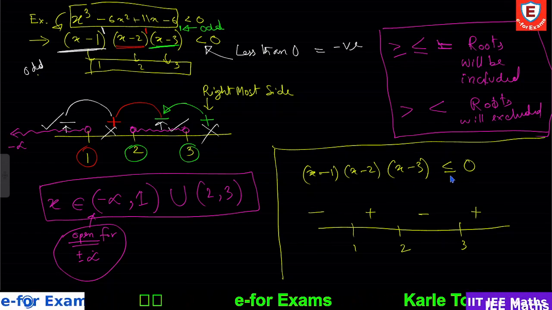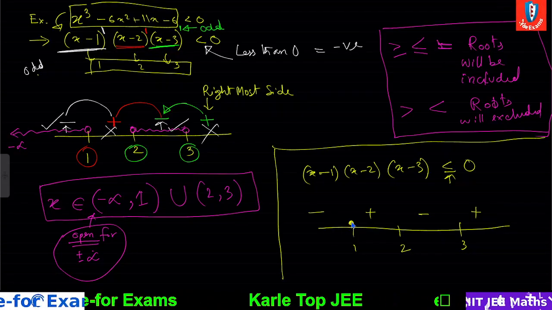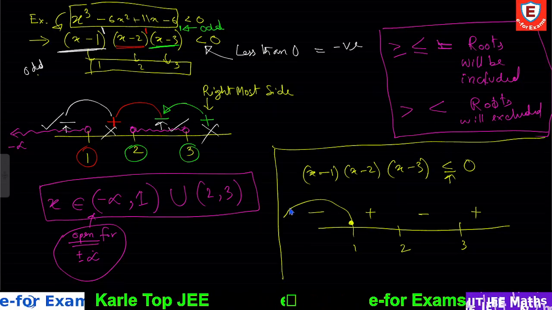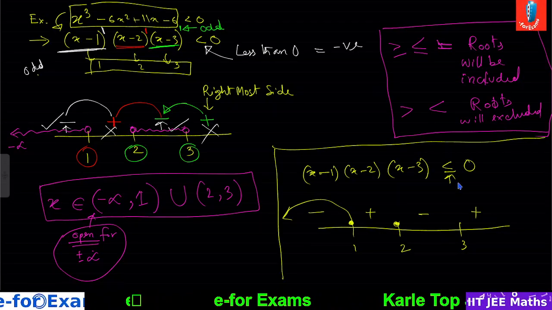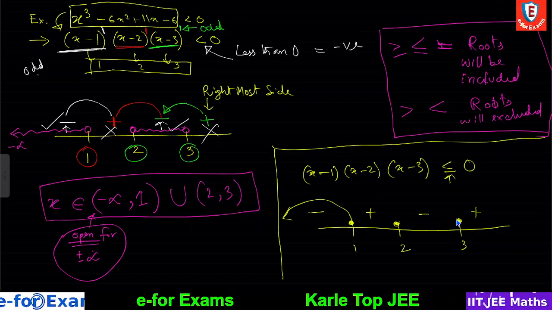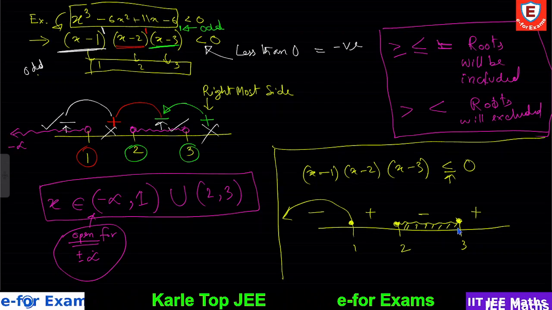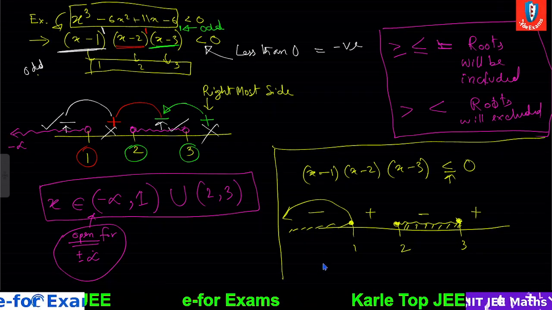Here the less than or equal to symbol is there, right? So here it will be a dark circle. Less than 0 means negative, so negative to last. Again here it will be a dark circle because equal to is there. 2 to 3 including 2 and 3. All this portion including 2 and 3, all this portion till infinity.